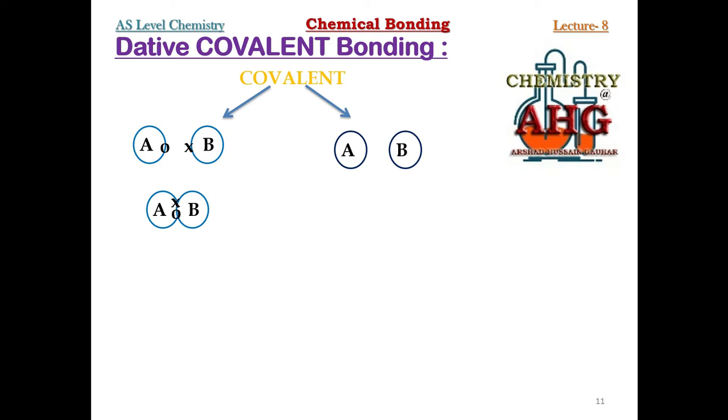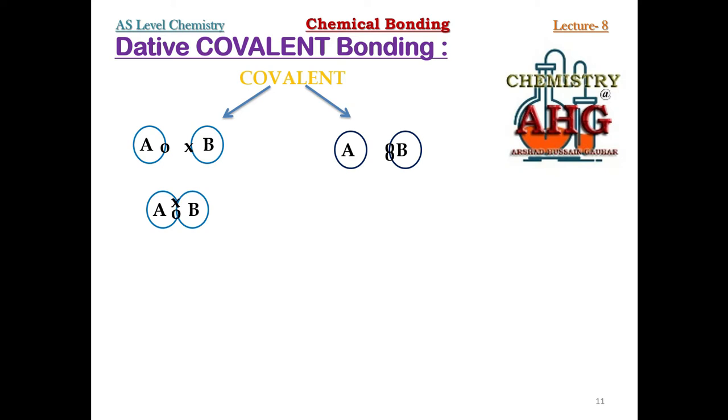As compared to this, if you look at the second example, before bonding, atom A does not have any electrons. Atom A has an empty orbital or it has an empty shell. Compared to atom A, atom B would have a pair of electrons. This pair of electrons is known as lone pair, because right now this lone pair has not taken part in chemical bond formation.